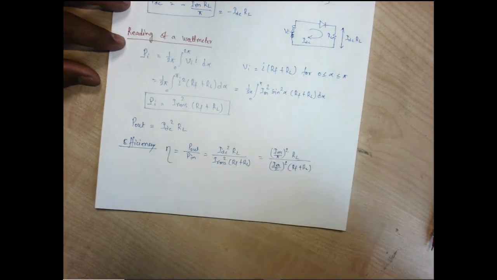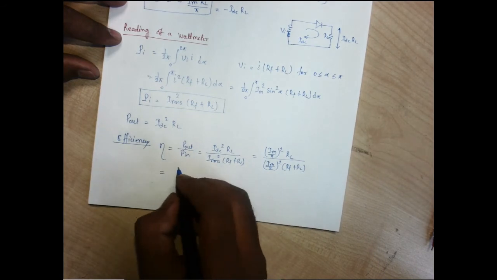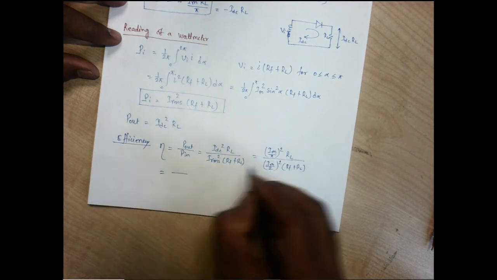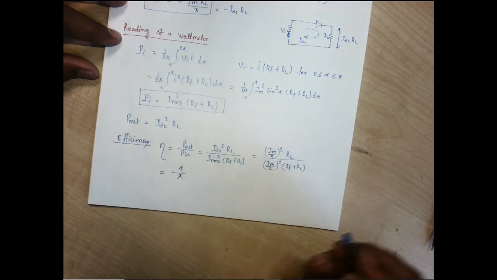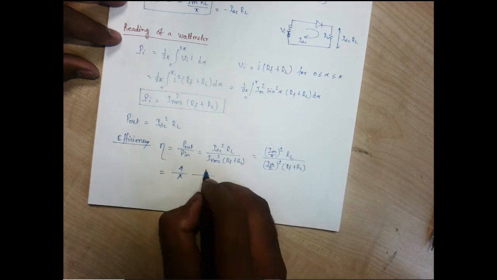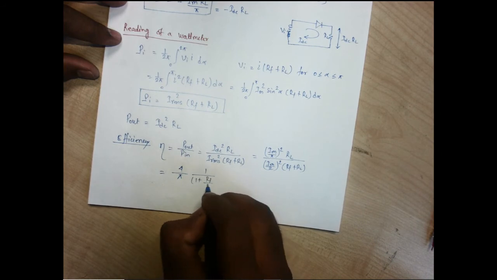If we do the calculation, it comes out as 4. This 4 goes in the numerator, pi square comes in the denominator, and Im square gets cancelled, so we can write this as 0.405 times 1 by 1 plus Rf by RL.